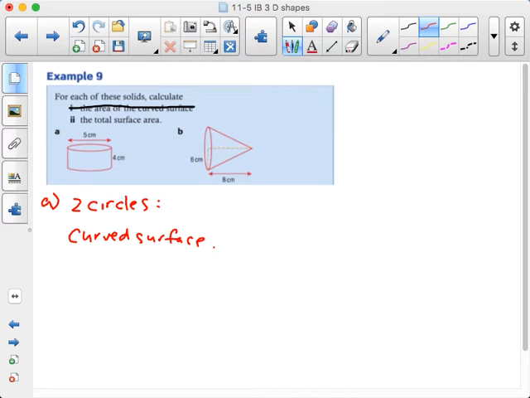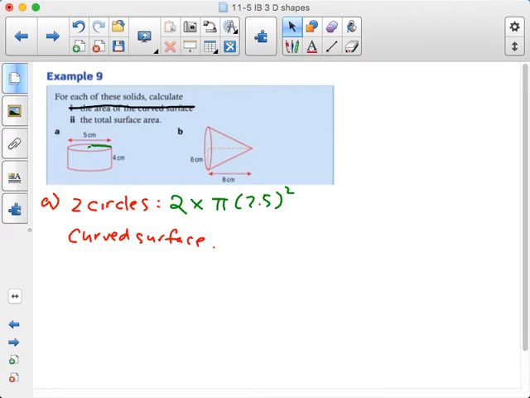The 2 circles, of course, is going to be 2 times pi r squared, because there are 2 of them. Now, r is half of the diameter, so r is going to be 2.5. So it's 2 times pi times 2.5 squared.